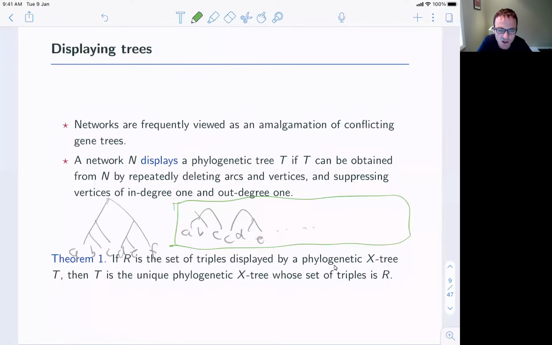That's precisely the set of triples of the tree, and in this case it's that one there. So that's what theorem 1 is saying.